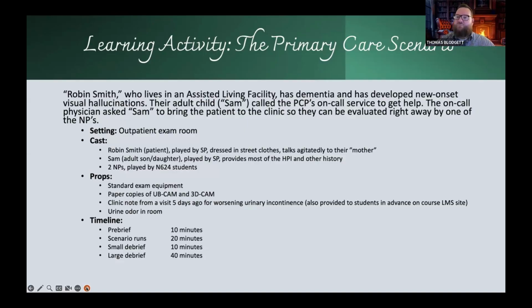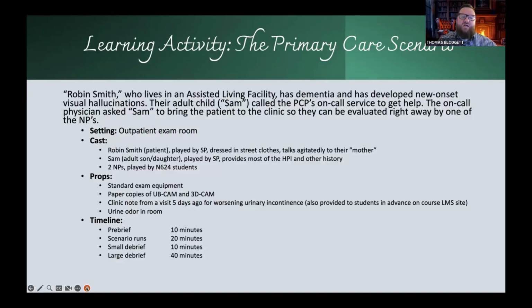So this patient went to an urgent care clinic 5 days ago with worsening incontinence, and so they were provided a copy of that note, also given in advance, posted on the learning management system for the course. And then the simulation team mocked up urine odor for the room to sort of heighten the reality of the experience.